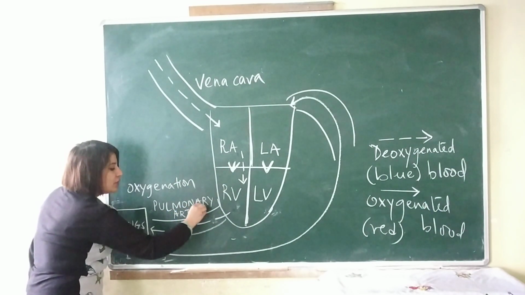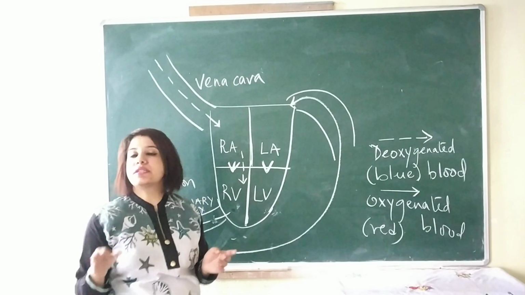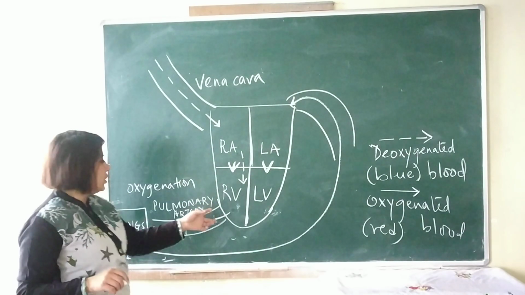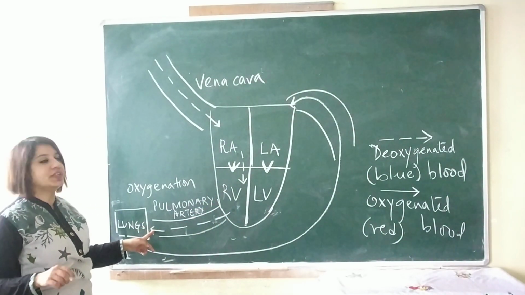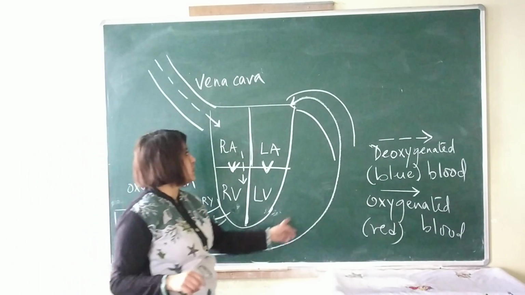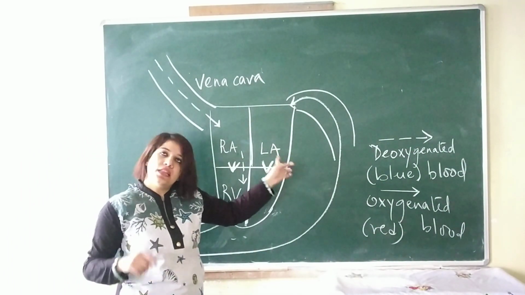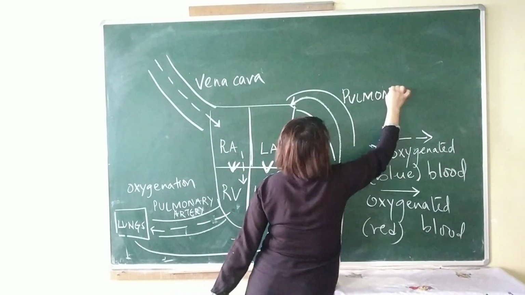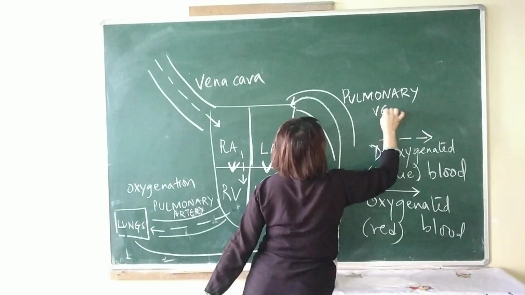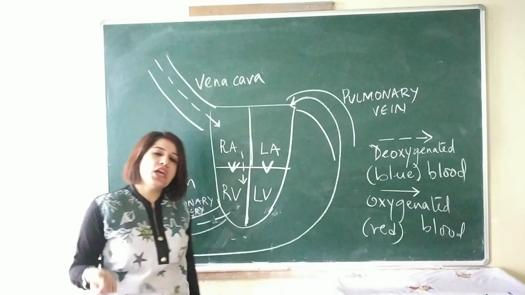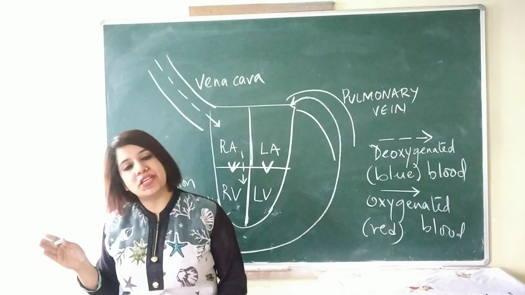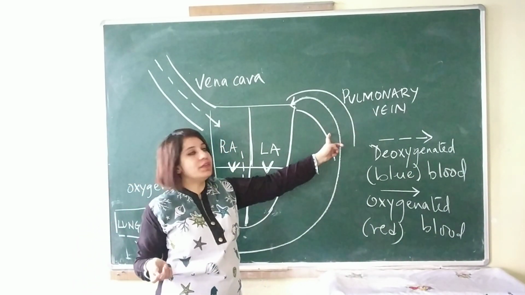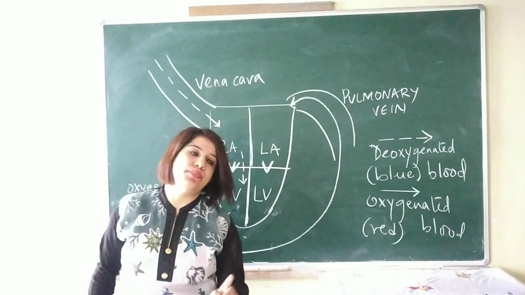Remember, when we did arteries and veins, we learned that all arteries carry oxygenated blood except the pulmonary artery. So this artery carries deoxygenated blood. Now from the lungs, the oxygenated blood enters the left auricle, and who carries it? The pulmonary vein. When we did arteries and veins, we learned that all veins carry deoxygenated blood except the pulmonary vein.